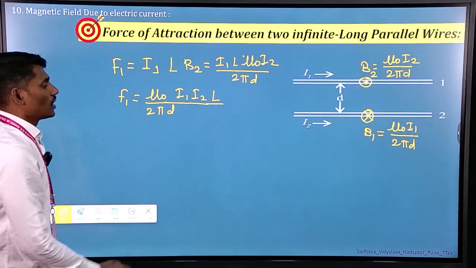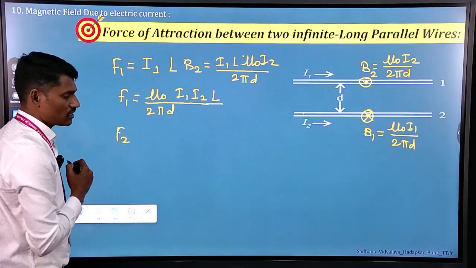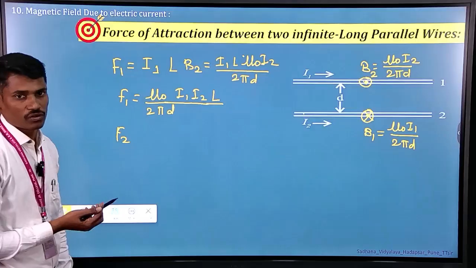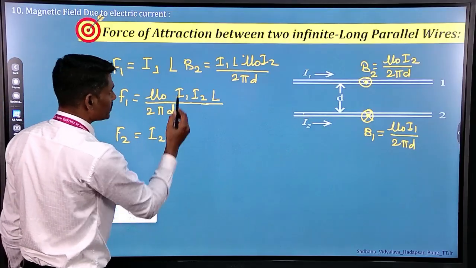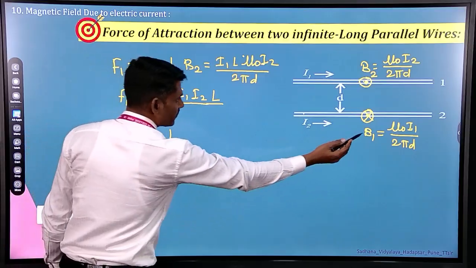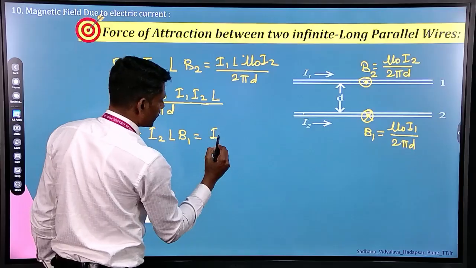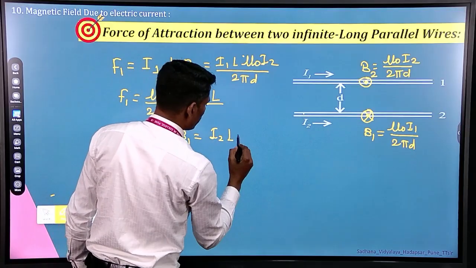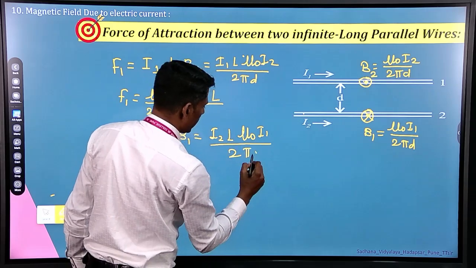Now how much is the force acting on the second conductor? Here we consider the force acting on the second conductor is F2, and which is equal to what? Current I2, length is the same, suppose L, and the magnetic field is B1. So here we get current I2, length L, magnetic field is mu0 I1 upon 2 pi d.